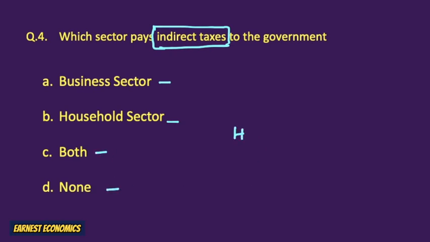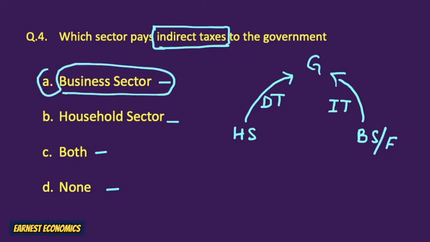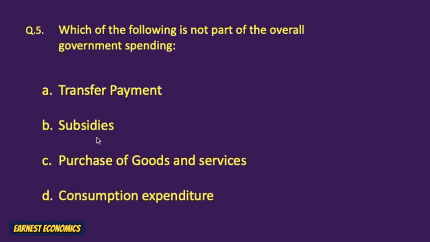Now, if you focus on the revenue of the government, it comes from both the household sector and the business sector, and both the sectors pay taxes, but the household sector pays direct taxes mainly, and the indirect taxes come from the business sector. So it is the business sector which pays the indirect taxes to the government. Our right option in this case is the first one, business sector.